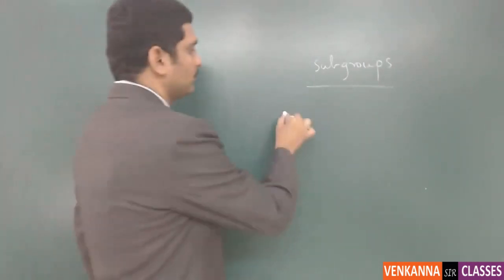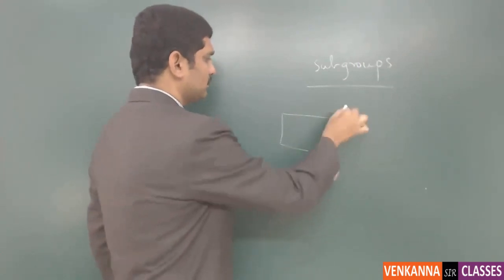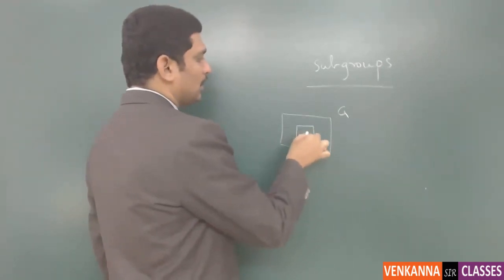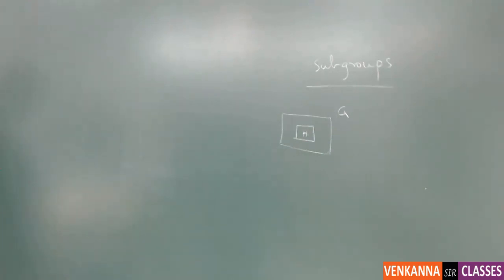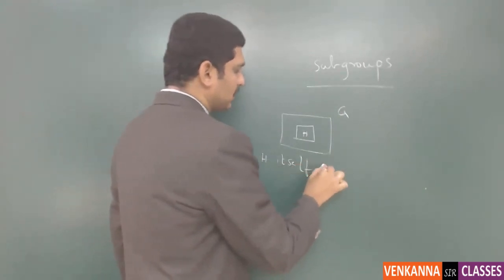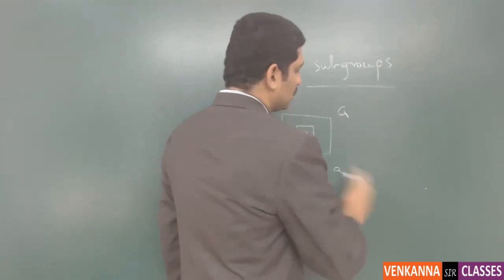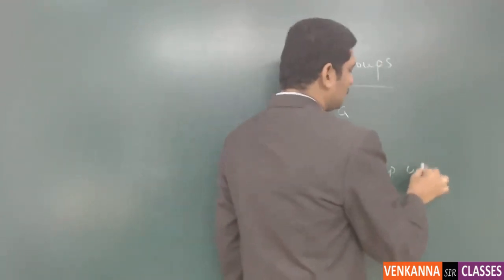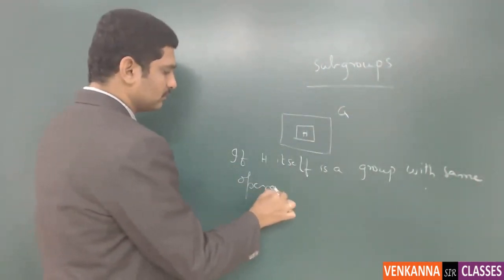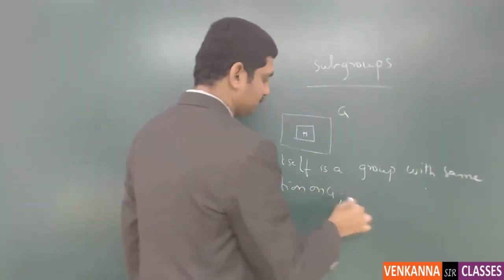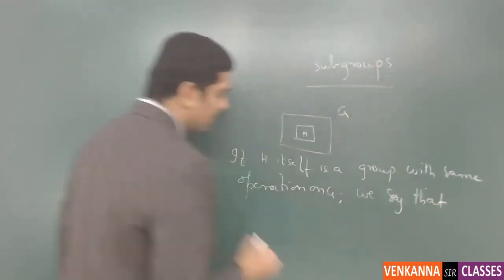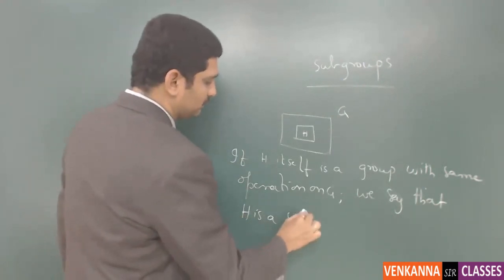So here, as we discussed earlier, you take a group G, you take a subset H of G. If H itself is a group with the same operation on G, we say that H is a subgroup of G.